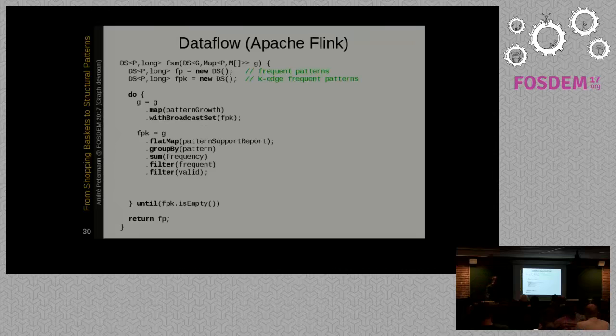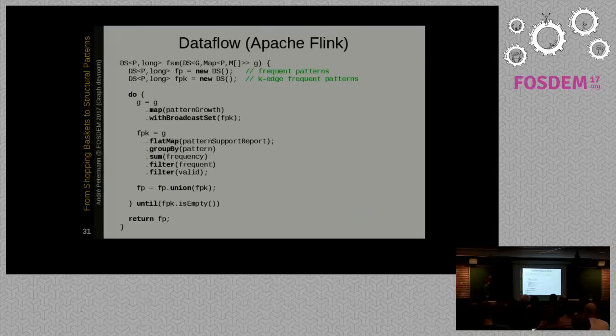We do not repeat the same operations 10 million times, but do it here. And in comparison to the complexity of counting in a larger data set, it's basically free. Finally, we add the current round's frequent patterns to the all frequent patterns data set using a union operator. And that's how naively everyone would program it.